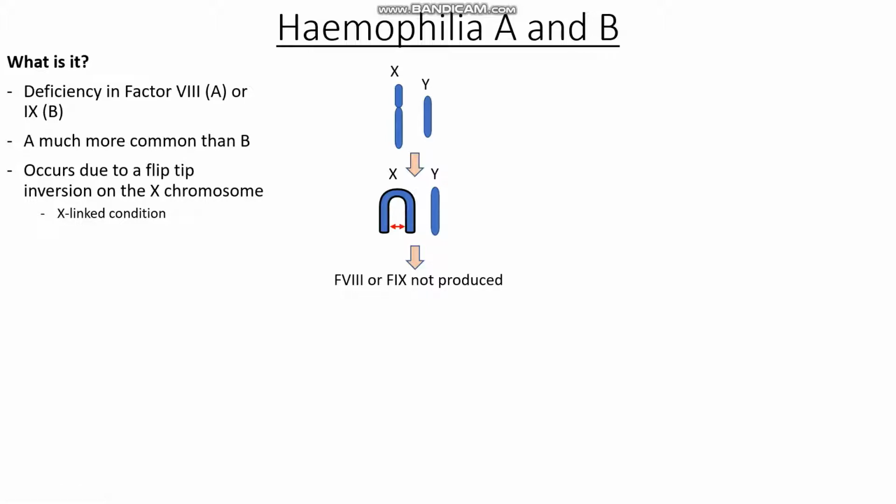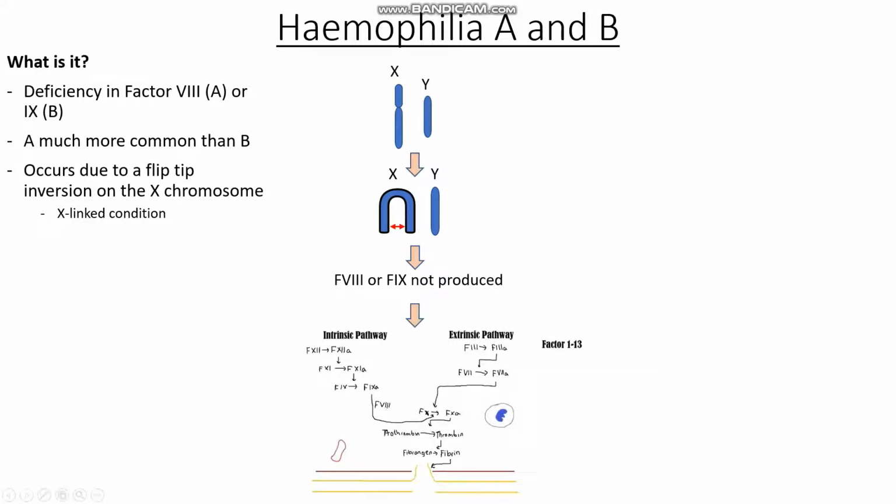So what's the consequence of not having enough factor VIII and factor IX? Well, we know that factor VIII and factor IX take place in the clotting cascade to help stabilize our platelet plug and help form fibrin, right? And we know that looking at the clotting cascade, they take part specifically in the intrinsic pathway, where in the very last step of the pathway, factor VIII and factor IX together help to activate factor X into factor Xa.